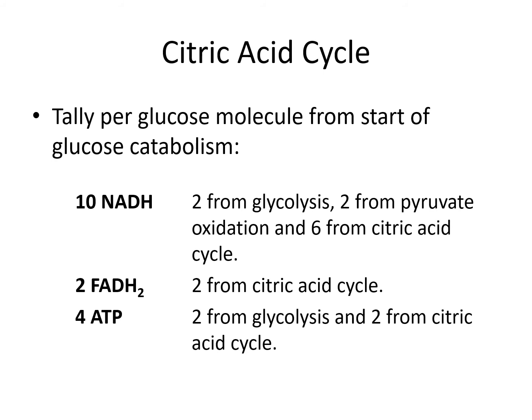We have a total of 10 NADH, 2 from glycolysis, 2 from pyruvate oxidation, and 6 from the citric acid cycle. So 6 plus 2 plus 2 is 10. We also have 2 FADH2 produced. These are from the citric acid cycle. And we have 4 ATPs produced, 2 from glycolysis and 2 from citric acid cycle. So this is a summary of the citric acid cycle.